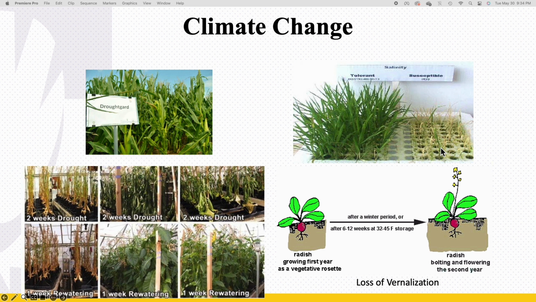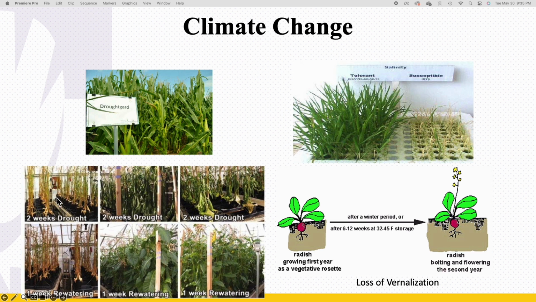Along with drought tolerance, where we don't have enough water entering our soil, when you have salt, the water actually moves out of the plant towards that salt content in order to reach some equilibrium. This is part of osmotic potential, if you remember me talking about that in soils class.